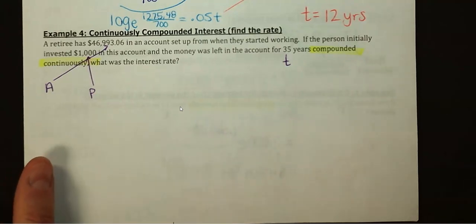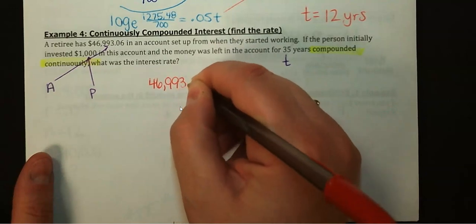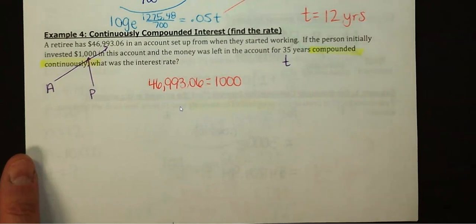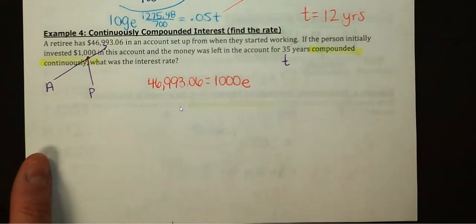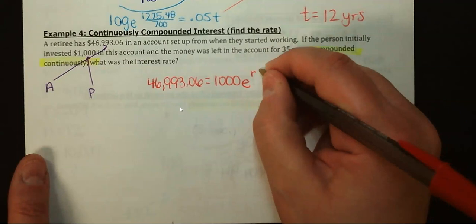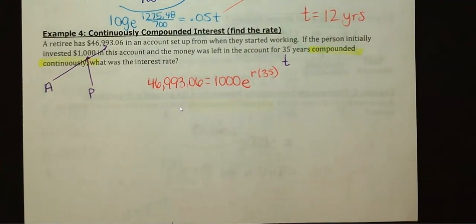All right, so amount in the account is this $46,993.06. They invested $1,000. And then because we're compounding continuously, this is going to have e, and the exponent is the rate multiplied by the time. So the interest rate is what we actually don't know here, and the time is 35 years. So the exponent there is rate multiplied by time.